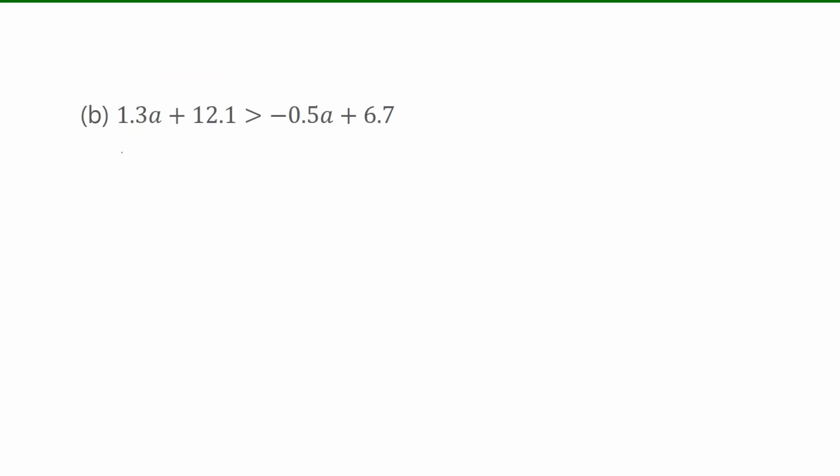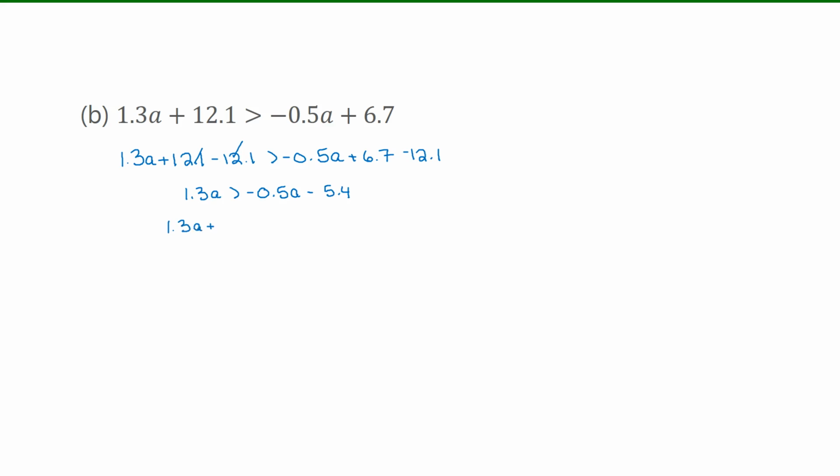Now for B, I'm going to get rid of this 12.1 here by subtracting 12.1 from both sides. So we get 1.3a on the left and negative 0.5a minus 5.4 on the right.